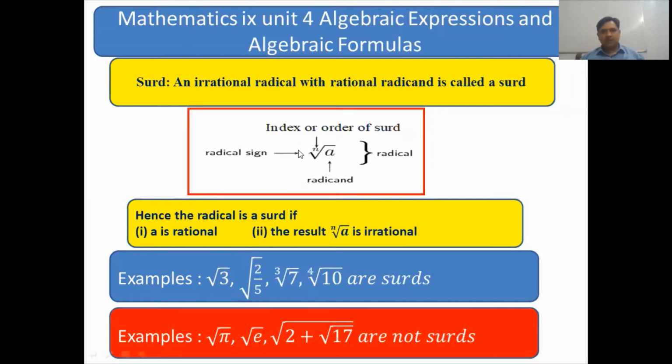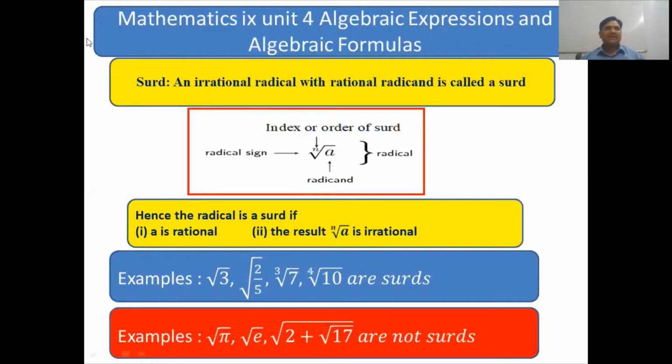This complete nth root of a is known as a radical, and this radical can be a surd or cannot be a surd. A surd is a special case of a radical.